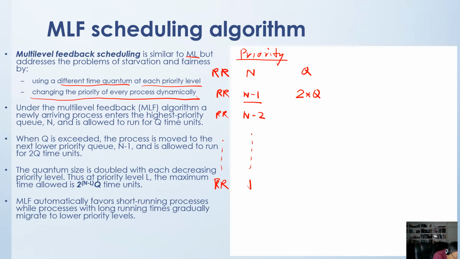And then the next one is going to double again, 4 times Q. So the next ones are going to be 8, 16. So at level 1, it's going to be a very big time quantum.